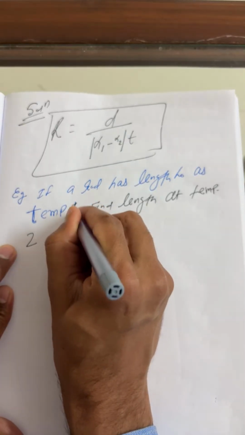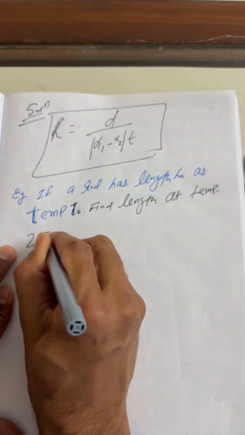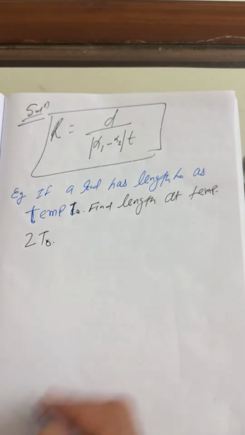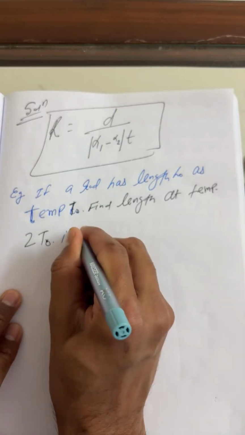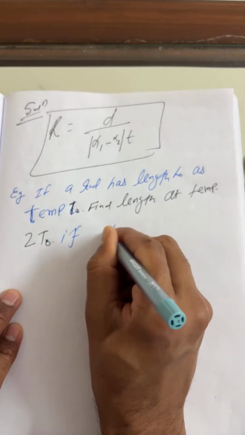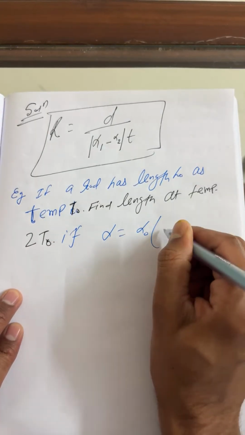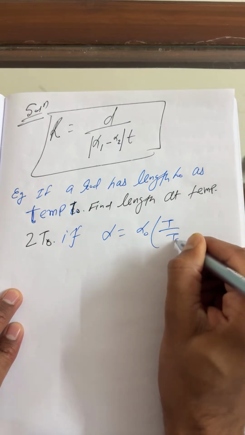This is the initial length, and this is T naught. Find the length at temperature 2 T naught, if alpha is mentioned here as alpha naught T upon T naught.